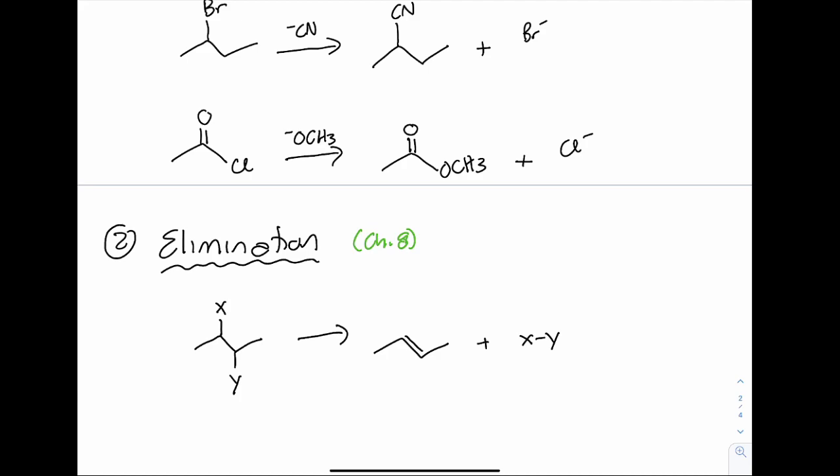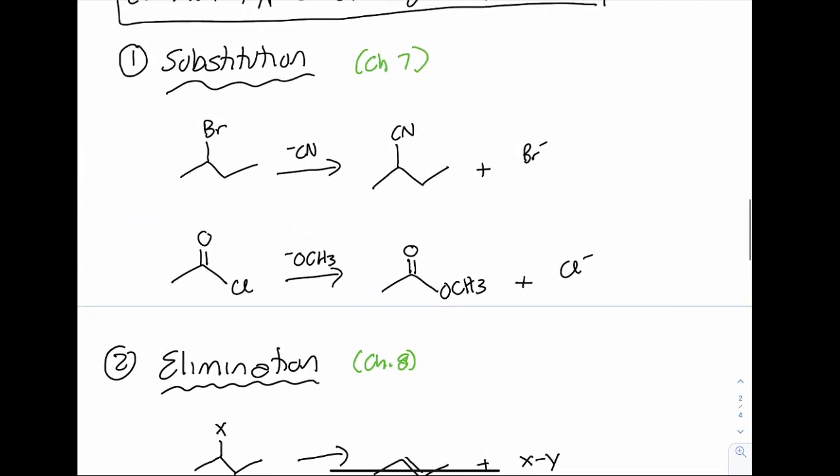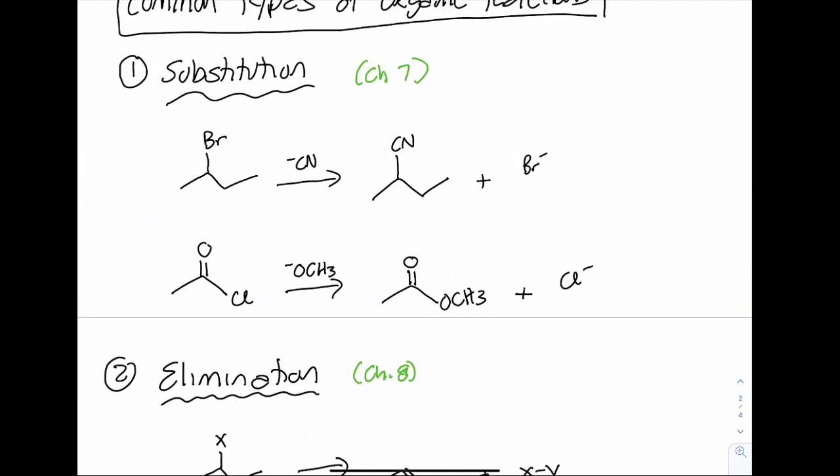So what we're doing with this one is we're forming a pi bond. I said this up on this one, but I didn't write it down. We should say that. We're breaking a sigma bond and then forming a new sigma bond.